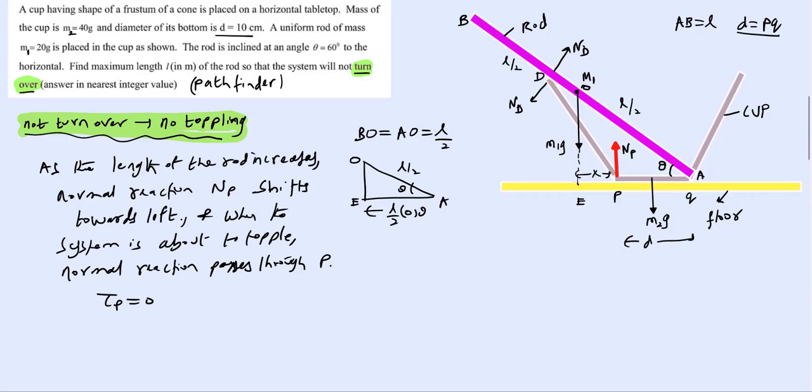Okay, now we'll write down the torque about point P. Net torque about point P should be the torque due to the weight of the rod, M1G into X, anti-clockwise. How is it about point P? The torque due to the weight M1G: this is R bar, this is M1G. So it will be anti-clockwise, M1G into the perpendicular distance.